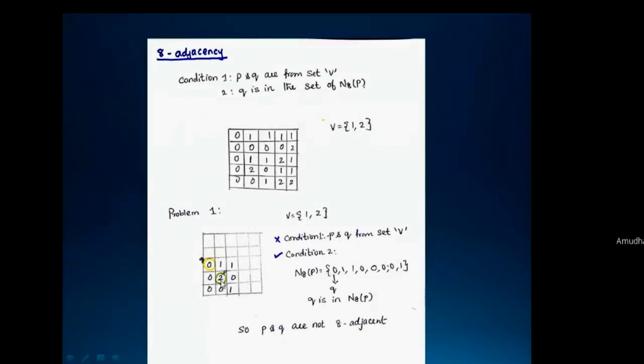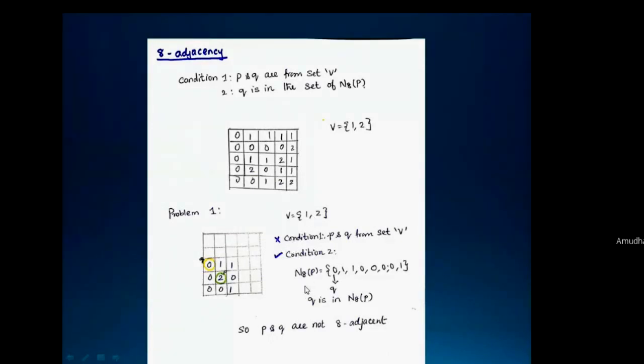Here I have considered 2 as P and Q as 0. What is the first condition? P and Q are from set V. Q's value is 0. 0 is not there in the set. So the first condition is not satisfied.